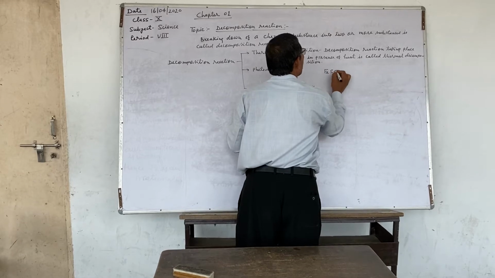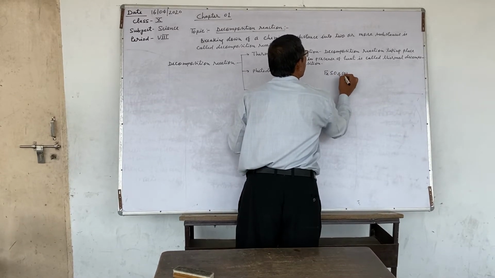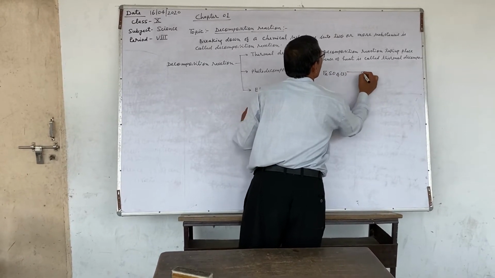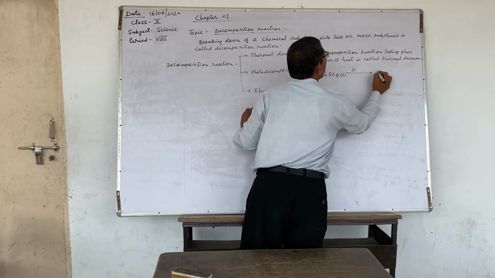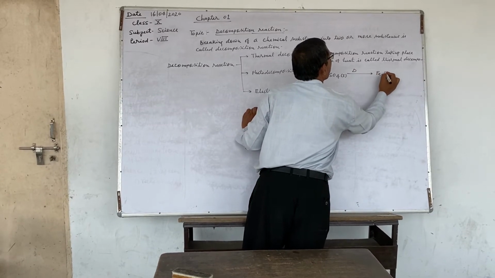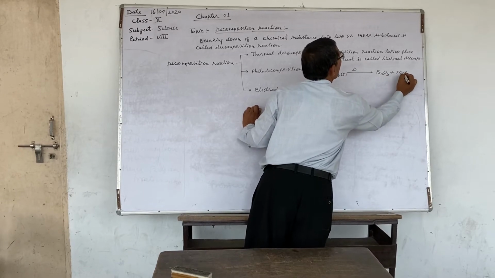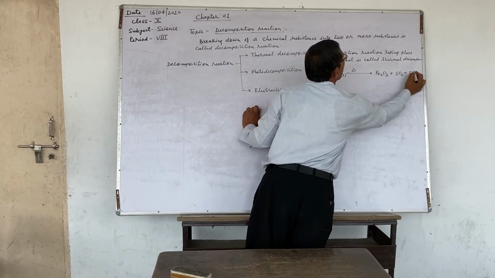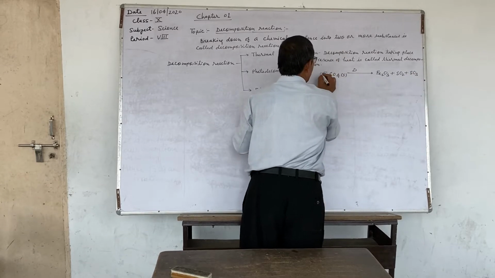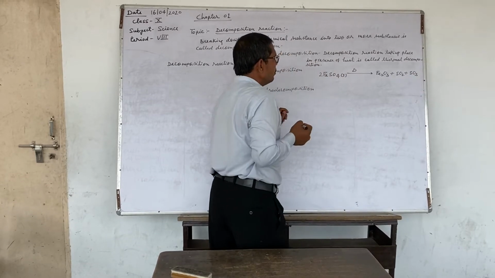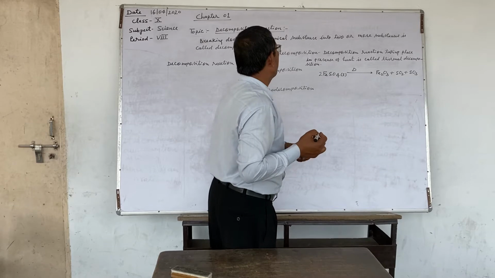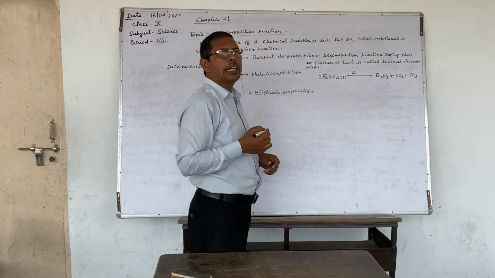FeSO4 solid, when it is heated, we get Fe2O3 plus SO2 plus SO3. Now balance them. So this is an example of thermal decomposition reaction.